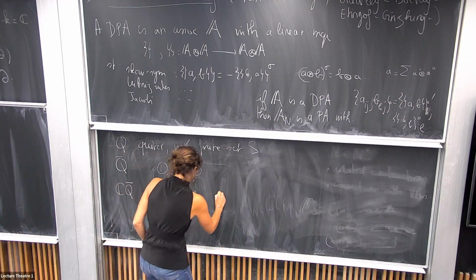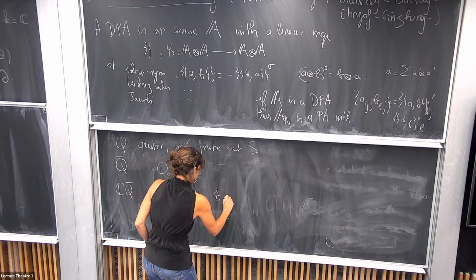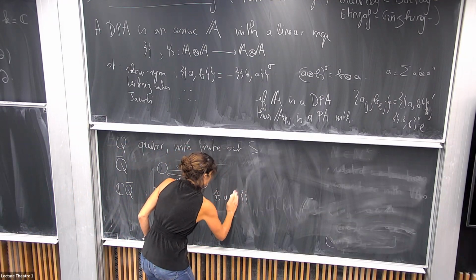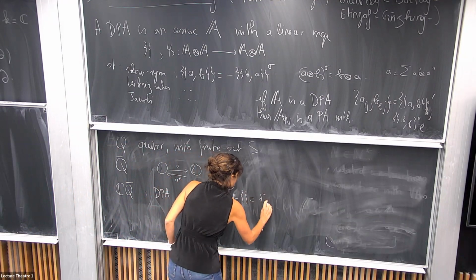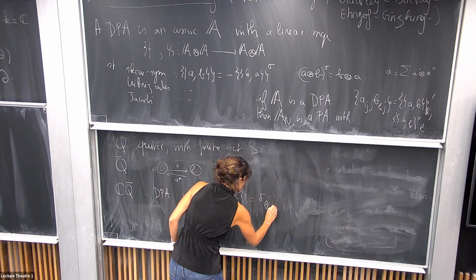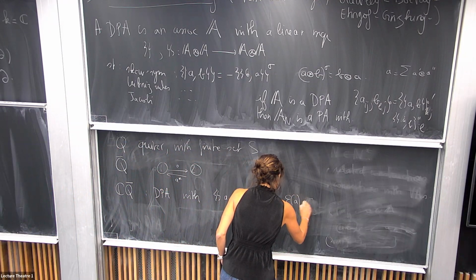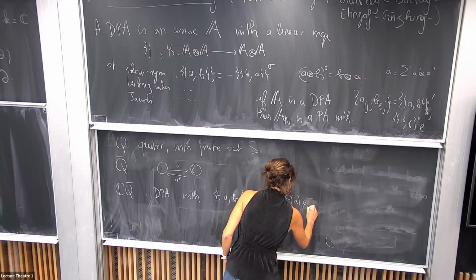The double Poisson structure is given as follows. It is 0 if b is not a star, and it is this. I will explain the notation.